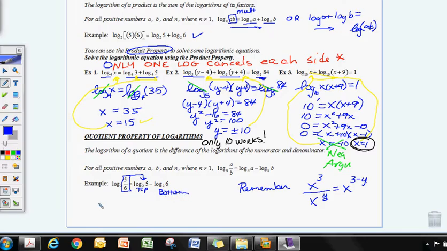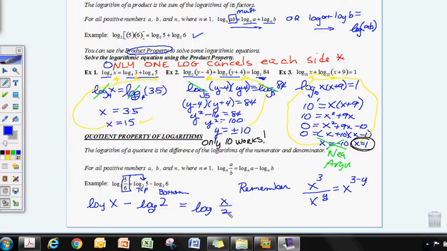Okay. You also need to be able to go backwards, just like we had to with the other rule. If I start with log of x, subtract log of 2, you need to know that that's the same as log of x divided by 2.